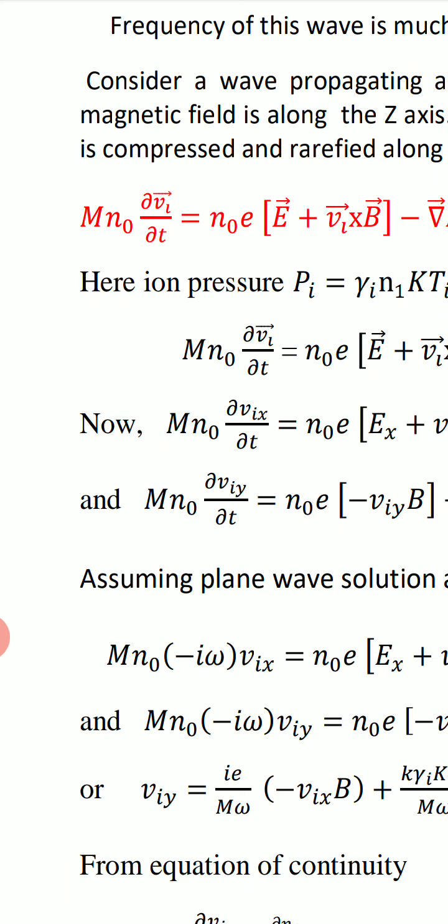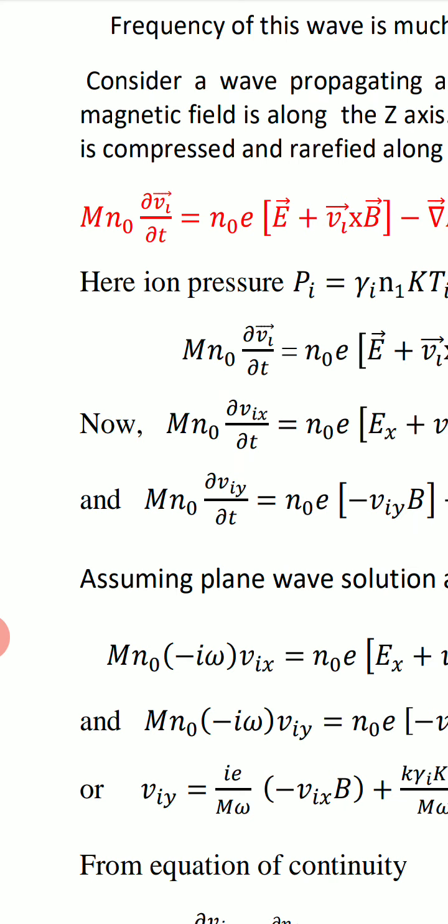So, M is mass of each ion. So M N0 is mass per unit volume, mass of ions per unit volume. It is the density of ions. N0 is number of ions per unit volume, number density.